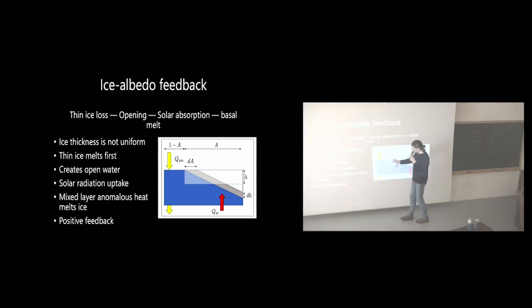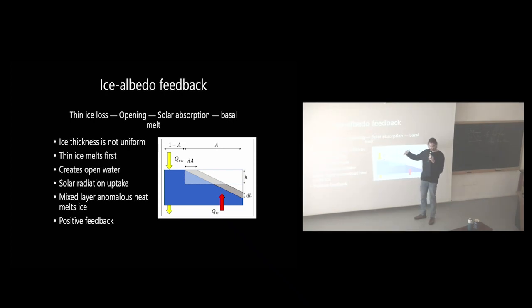And also another thing is that the ice thickness is not uniform, so you can easily lose the thinnest ice and create open water that way. And that's a very efficient means to trap solar radiation in the upper ocean. And as I told earlier, anytime you absorb solar radiation in the upper ocean, you would use that heat to melt the sea ice. And this is how basal melt comes into the game in the Antarctic.